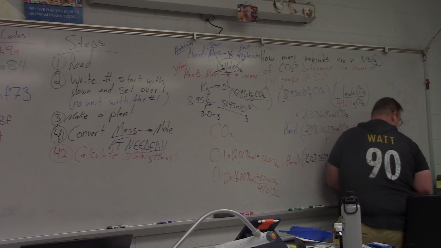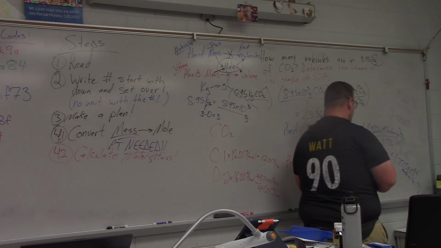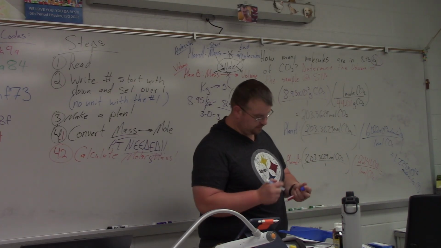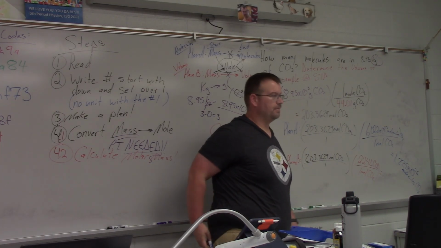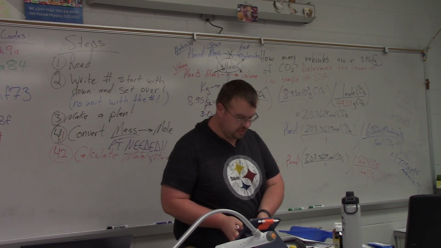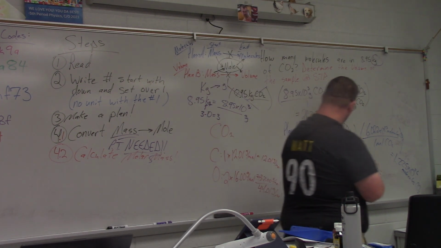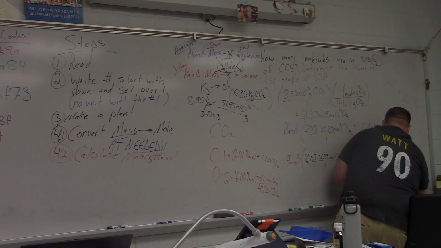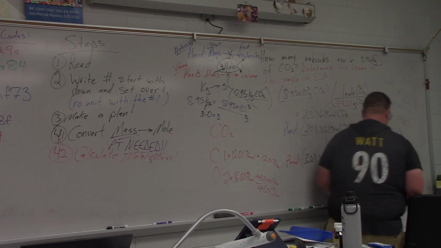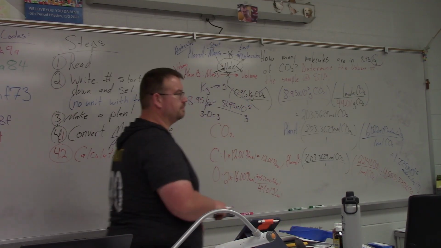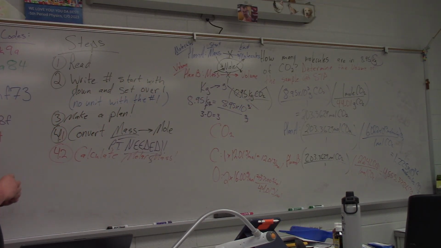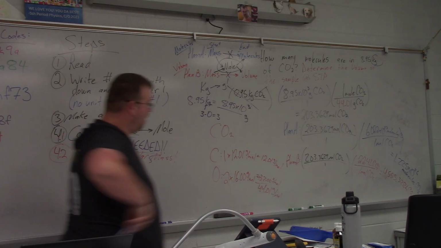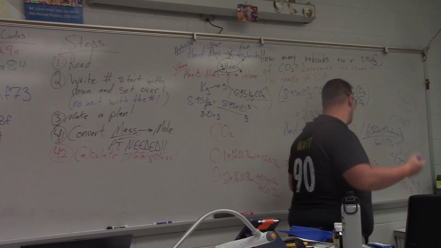Sorry, Mr. Hall, running out of space. And then I have alpha A times 22.4. I get 4,555.328, and that is liters of carbon dioxide. Mic drop. 4,555.328.